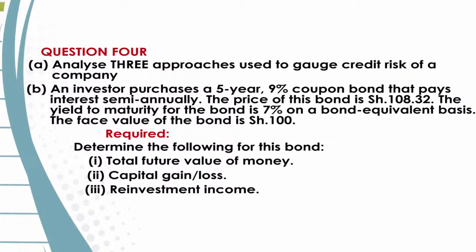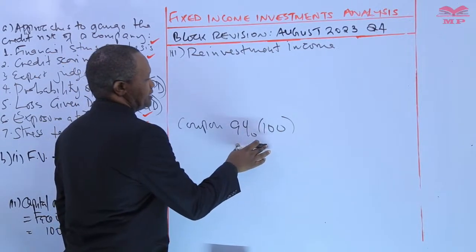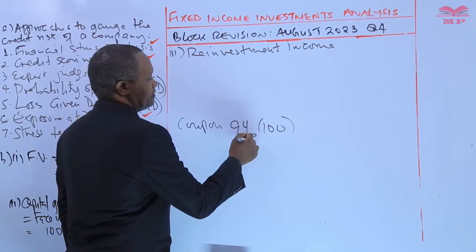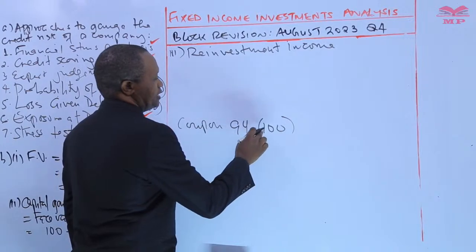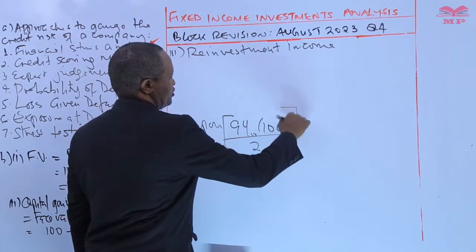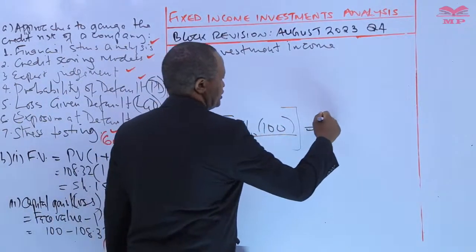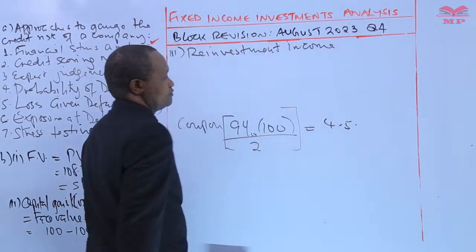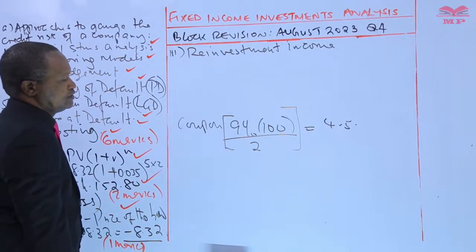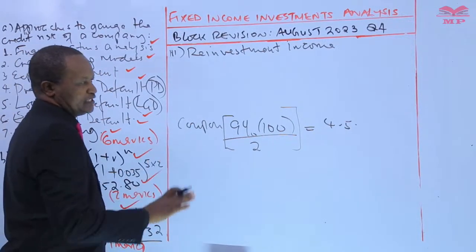So after every 6 months, the investor earns 9% of 100 divided by 2, because it is semi-annual, which is equal to 4.5 shillings.